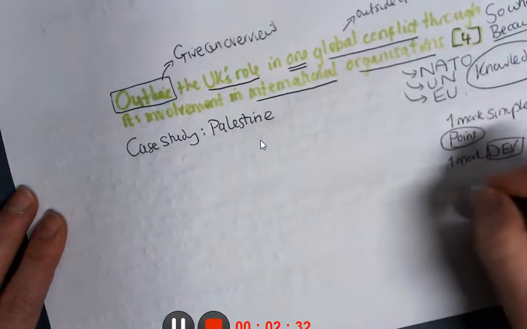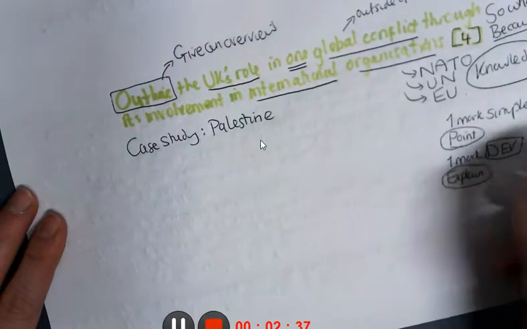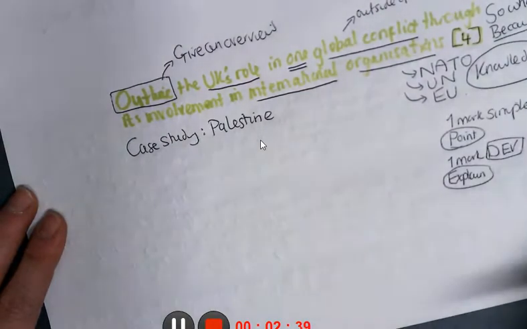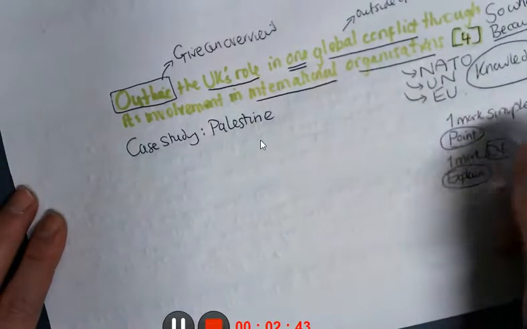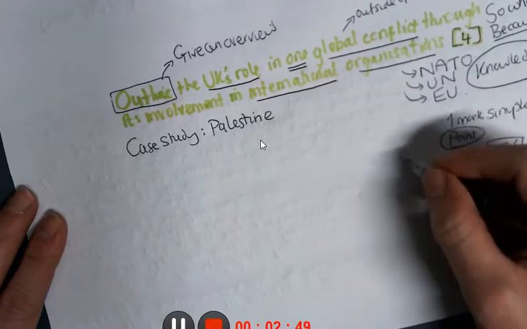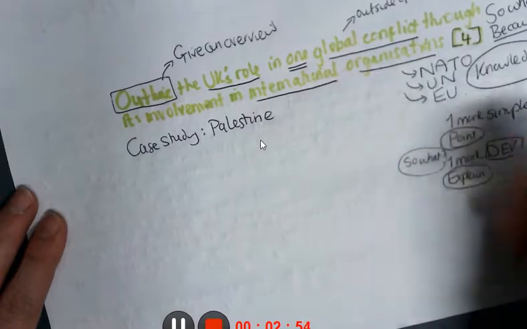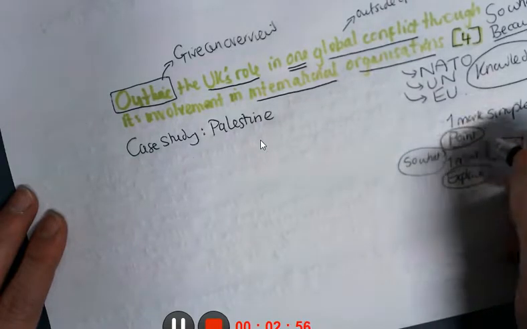Now, your development is your explain stage of your peel in a longer answer question. So when we've wrote our initial points or point, we are then questioning ourselves, saying to ourselves, so what? And the idea from using this strategy is to build on what we've already seen in our point.